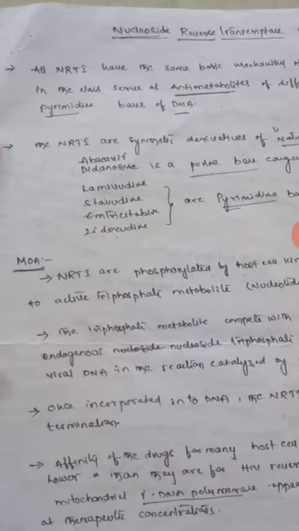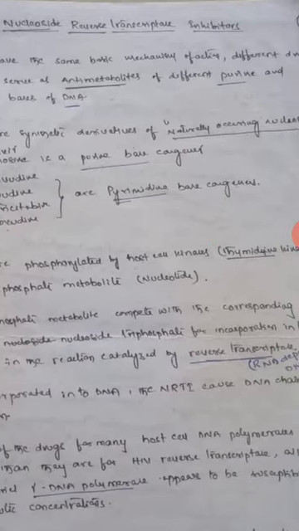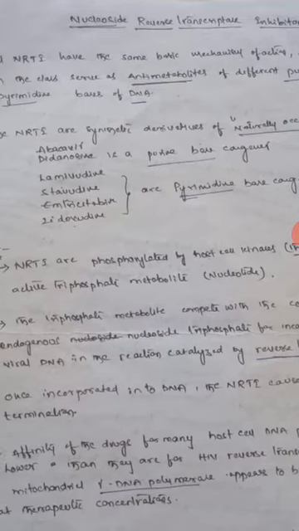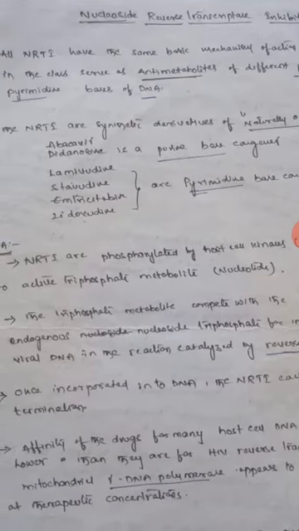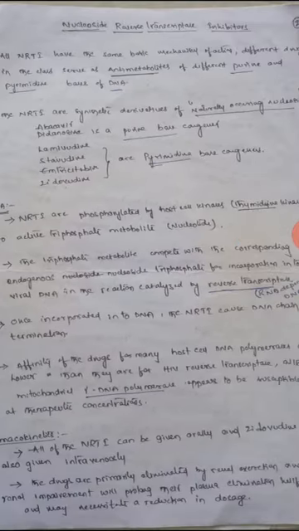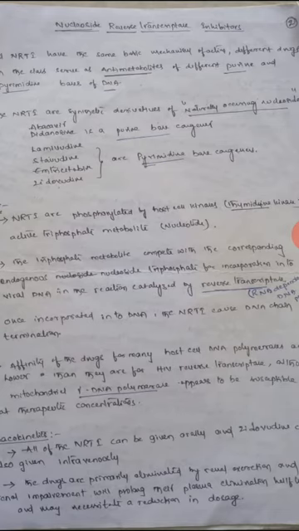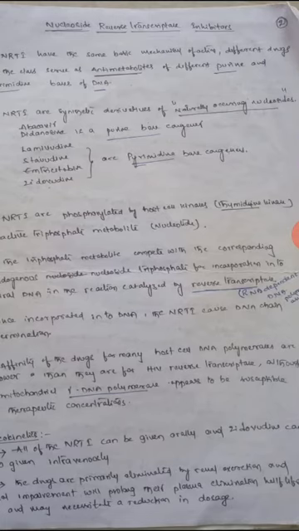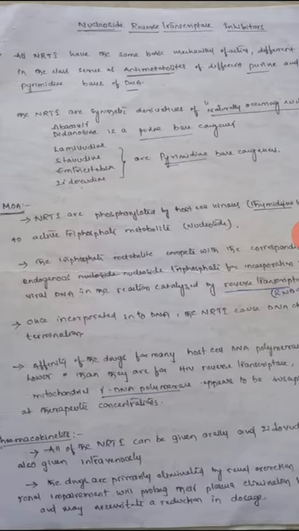Different drugs in the class serve as anti-metabolites of different purine and pyrimidine bases of the DNA. So these are the anti-metabolites of purine and pyrimidine nucleotides.